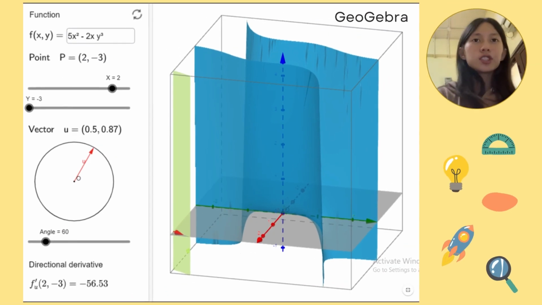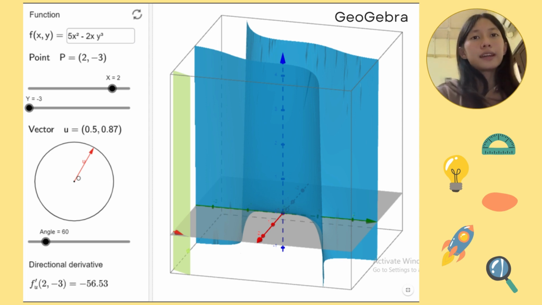By using the GeoGebra website, I can put in the values from the question: f(x, y) = 5x² − 2xy³ at the point x = 2 and y = −3, and at the vector u.